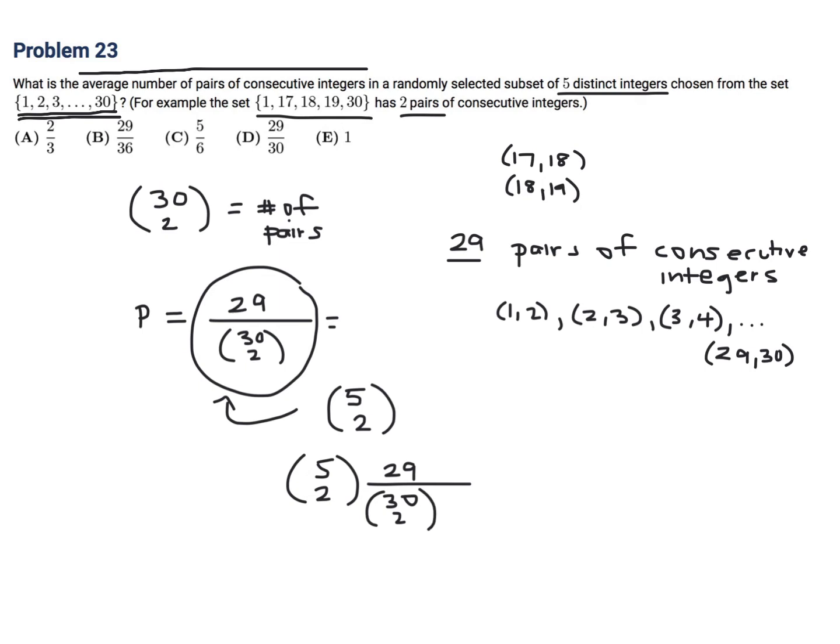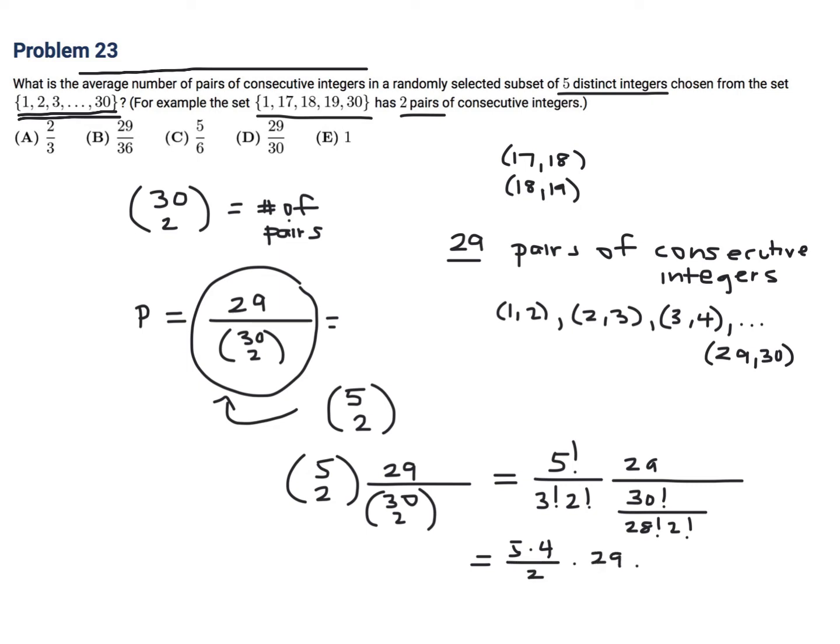Like that. Got it? And let's see, it shouldn't be too hard. 5 factorial over 3 factorial, 2 factorial. That's just a 29. And this is 30 factorial over 28 factorial, 2 factorial. So let's see here. This becomes 5 times 4 over 2. This becomes 29. And then let's invert and multiply.